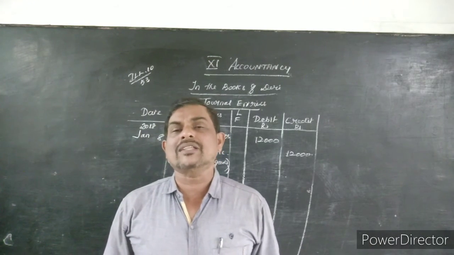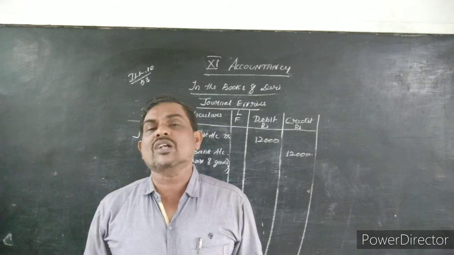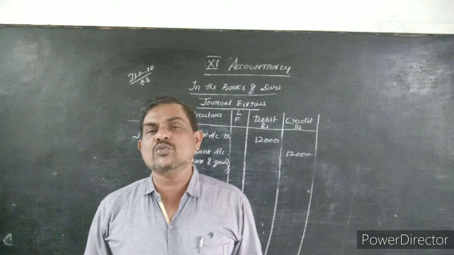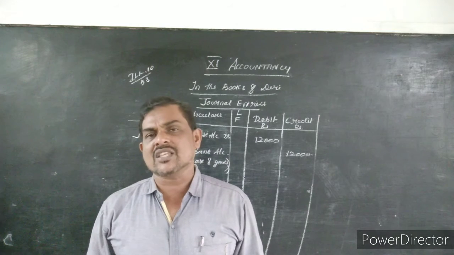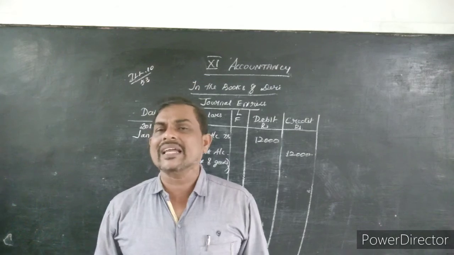So purchase of stationery. Stationery is an expense, and expenses are a nominal account. As per the nominal account rule, debit all expenses and losses. So stationery will come on the debit side. Through net banking, bank will come on the credit side.